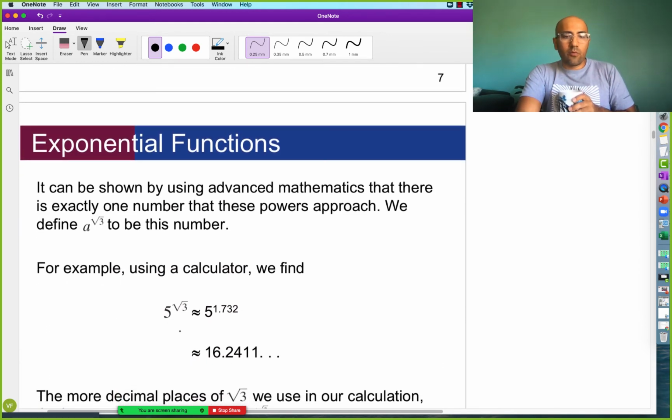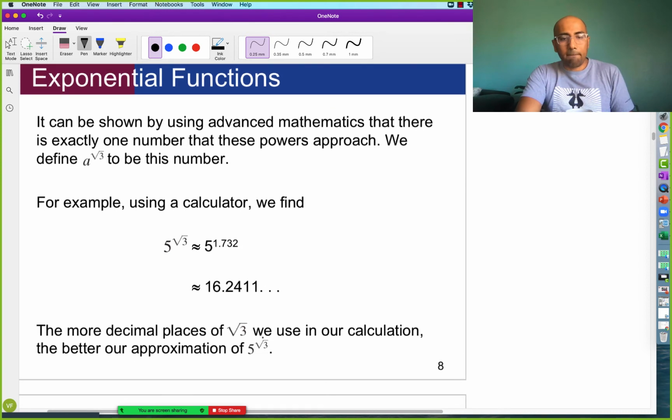So when we want to find 5 to the power of root 3, we can approximate it by doing 5 to the power of 1.732. If you want an even better approximation, go out to more decimal places. Maybe approximate root 3 to 4, 5 or 6 decimal places, and that'll give you a pretty good approximation.